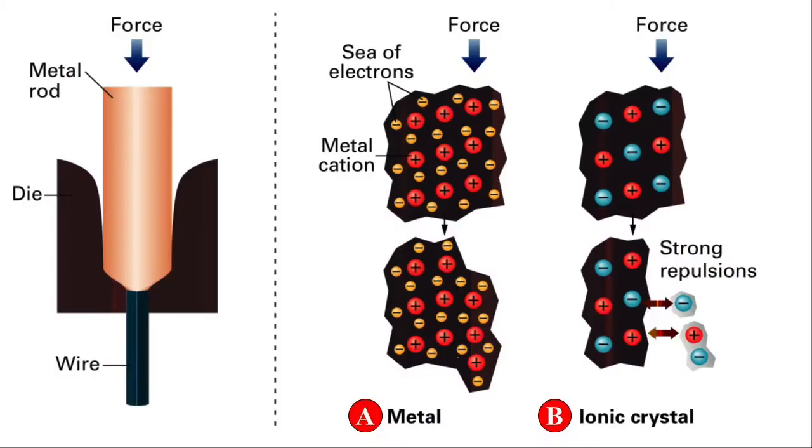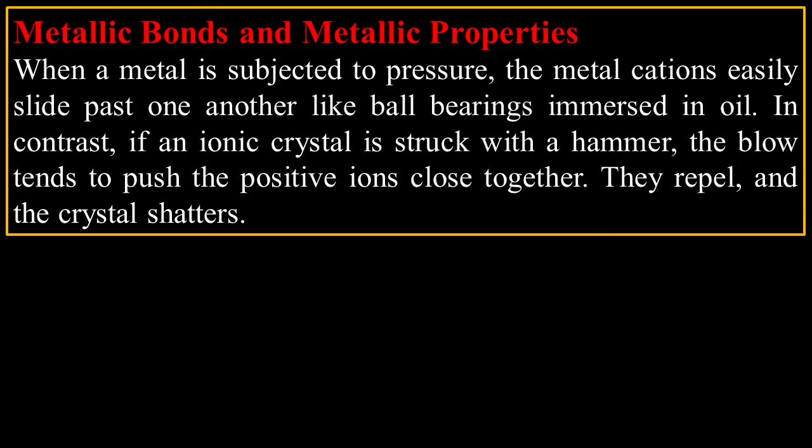It has a definite, solid shape. So there is the ductility of the transition element, and with metallic bonds, in A, you see this sea of electrons and the metal cations, and it can be squeezed through the die, whereas the ionic solid crumbles.